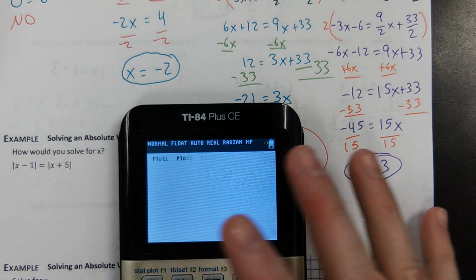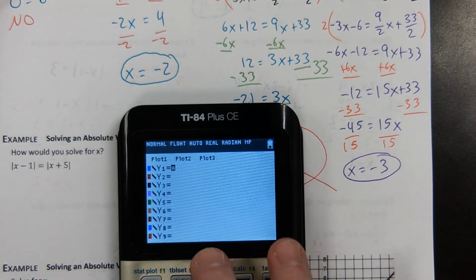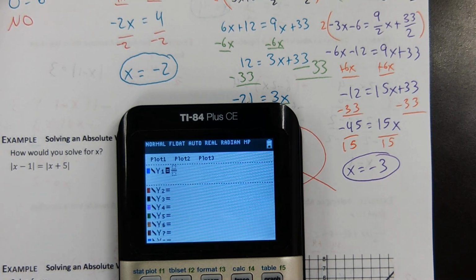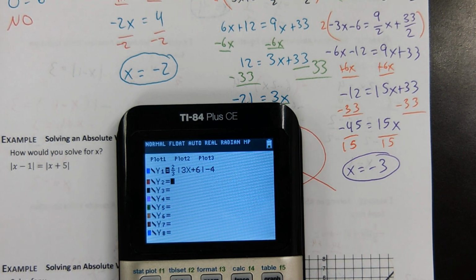This was so much cooler on Desmos, but I wanted to make it to the video. So I'm going to type the equation, 2/3 times the absolute value of 3x plus 6, minus 4, and we're going to set that equal to 3x plus 7.